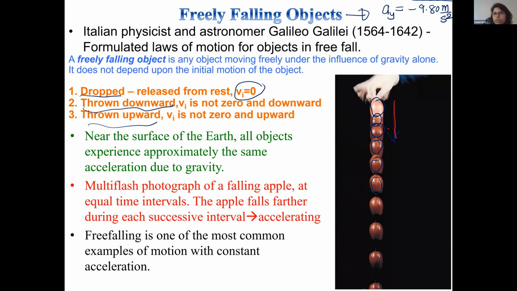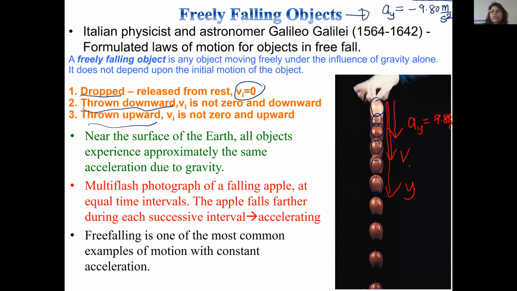That acceleration is 9.80 meters per square second, right? But your velocity keeps increasing in this direction, a linear increase, right? And displacement also increases, but that will be a parabolic increase. Those are the three plots that I discussed at the beginning of constant acceleration.